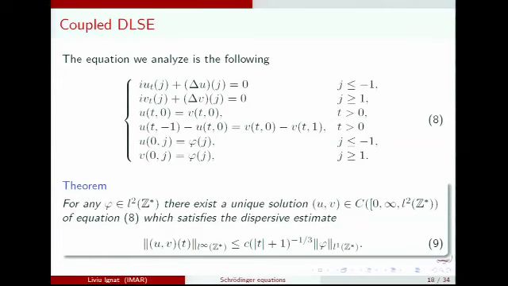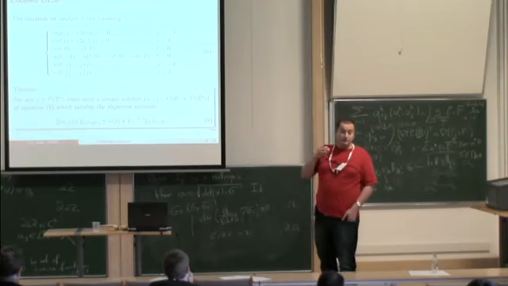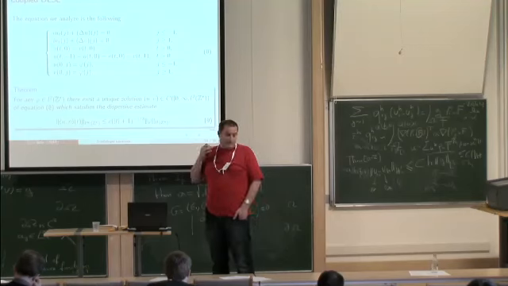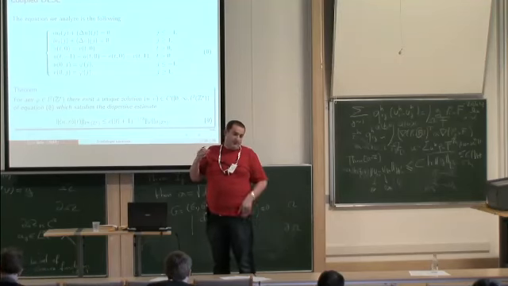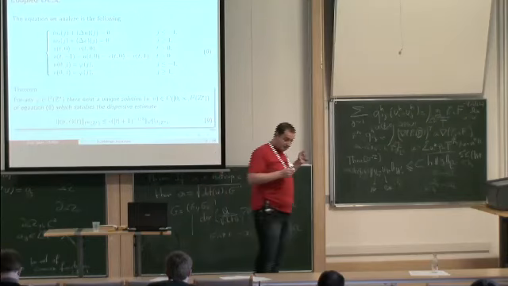Now, before entering the details here, I just want to recall that in the case of the continuous Schrödinger equation, when you analyze the Schrödinger equation on trees, you need a result for the Schrödinger equation with, let's say, non-constant coefficients. It means that you need some jumps. And this was the result of Banica.